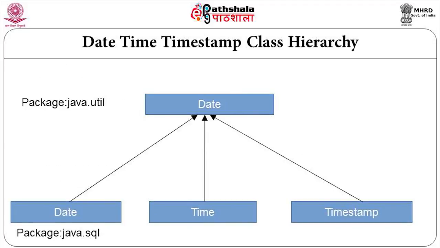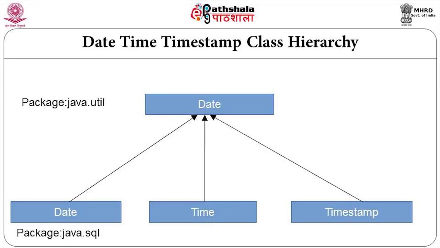In the same way, if we have a date type, we do have java.util.Date, but instead of using java.util.Date, we have been provided with more specific types which are very appropriate for handling SQL, to match the SQL types. We have the date, time, and timestamp, which are the data types in SQL.